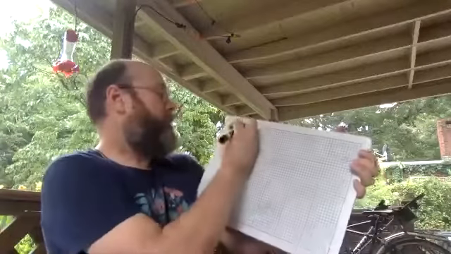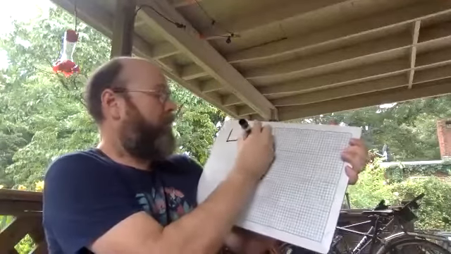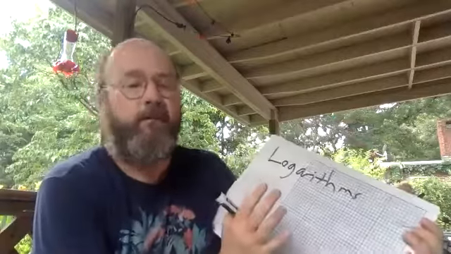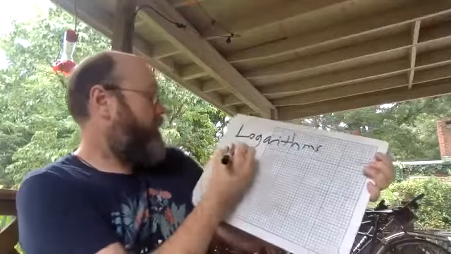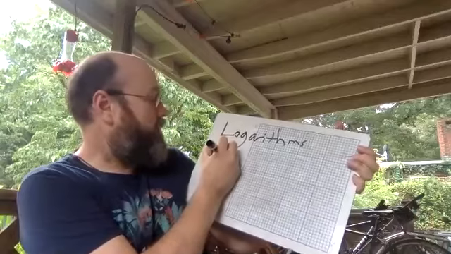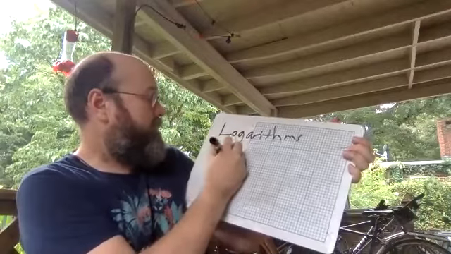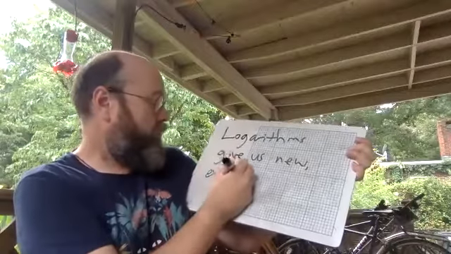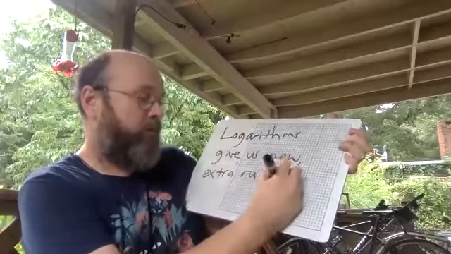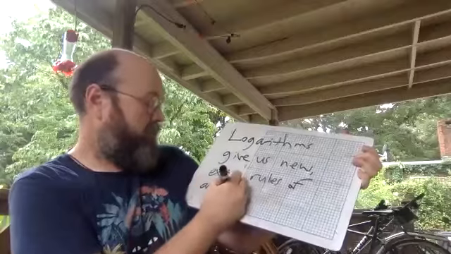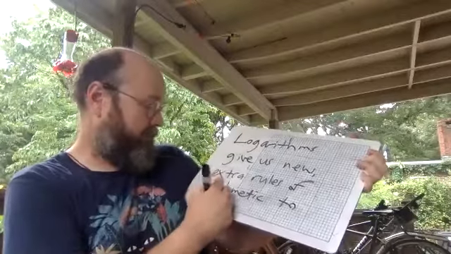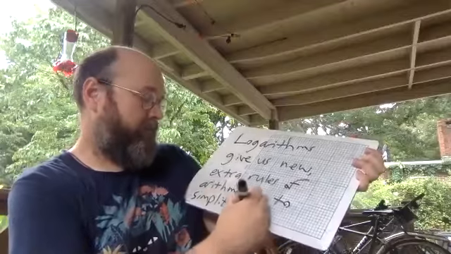So logarithms are really useful for a large number of reasons, and they're really beautiful in math. But in particular, they give us some new extra rules of arithmetic, the ones I just went over, to help us solve and simplify our math problems.